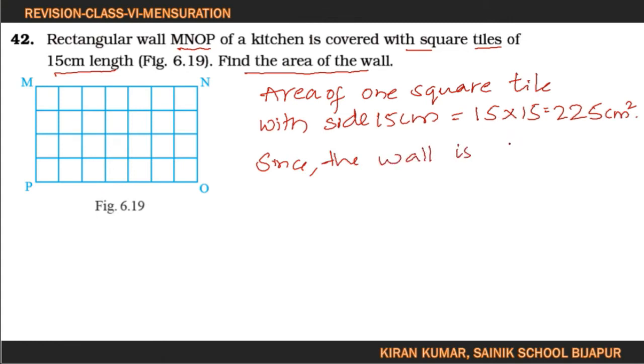Since the wall is covered with square tiles, we need how many square tiles?